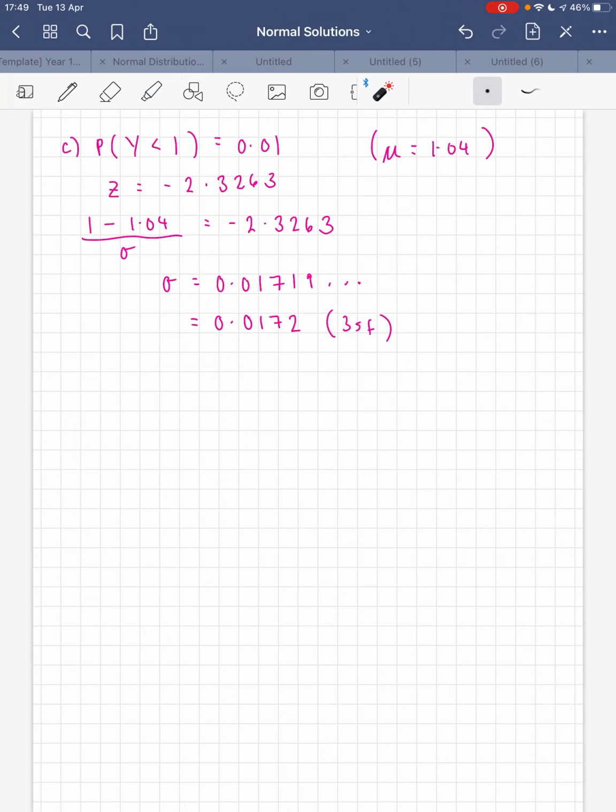I think the main point of confusion, I know for myself, is when to make something negative or when to subtract something from 1.